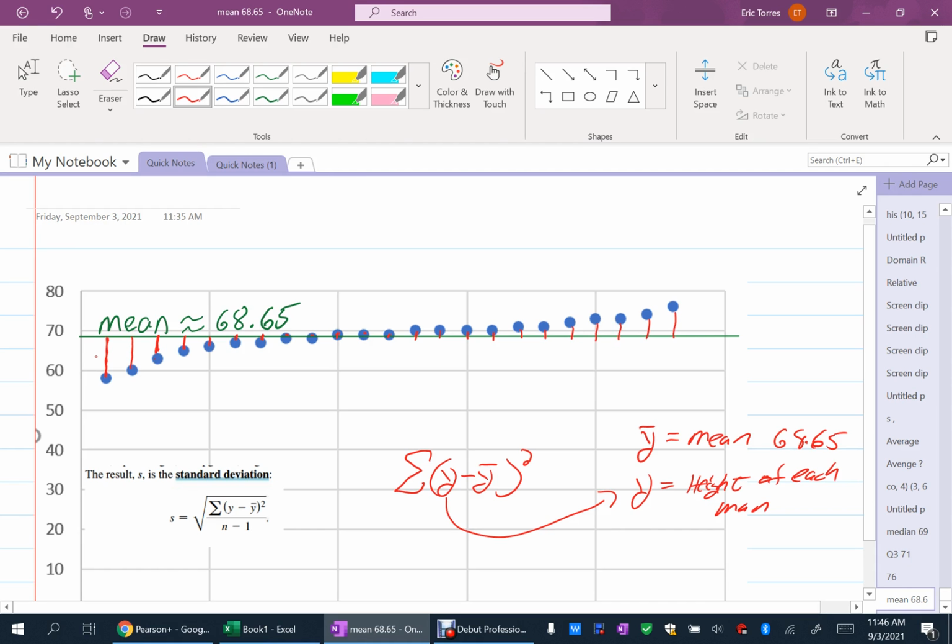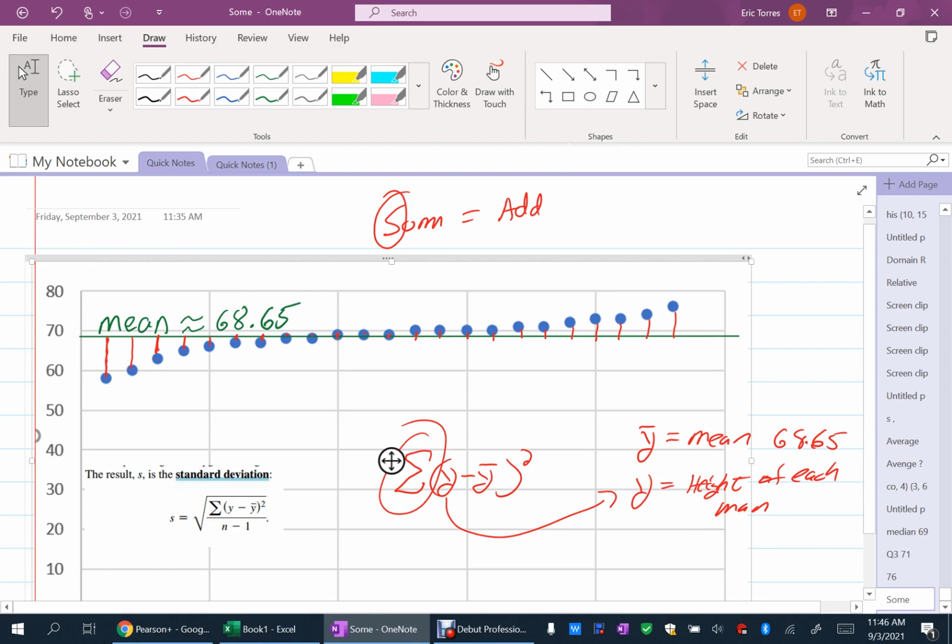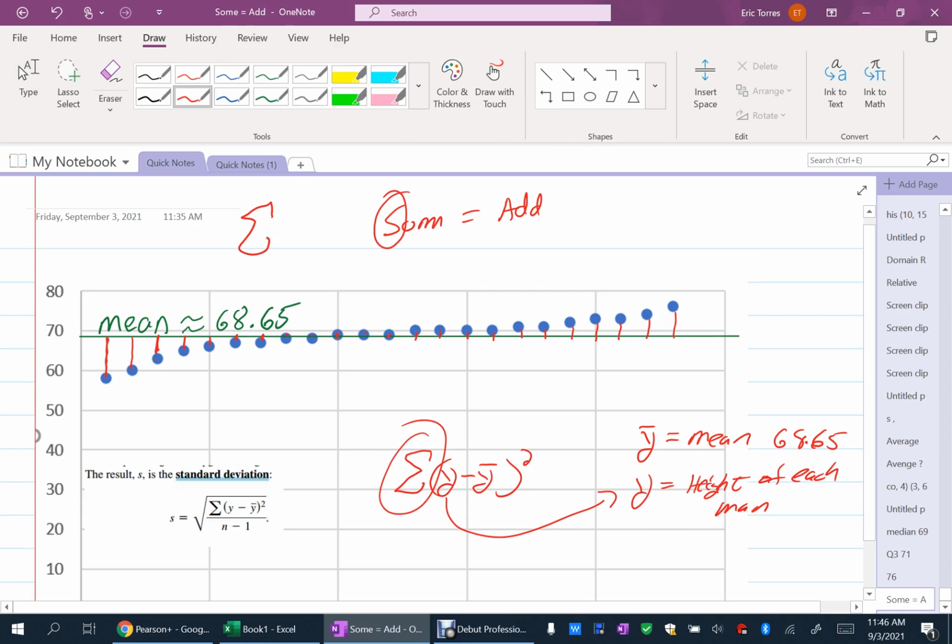So once I find these numbers, the summation means to add them, because to sum means to add. Sum starts with the letter S, and sigma is the Greek letter S. So this means to add all of these calculations, the difference between each person's height and the mean. But we're not just going to add them.